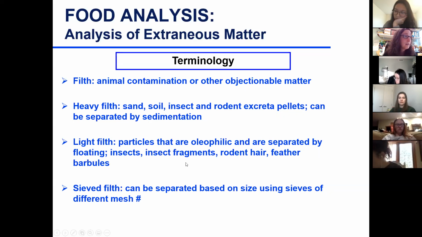Small insects, insect fragments, rodent hair, feather barbules: these are light filth. The sieved filth is anything that you can separate using sieves, and usually you use a 20 mesh size sieve.